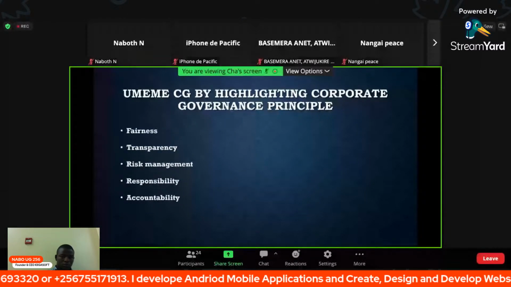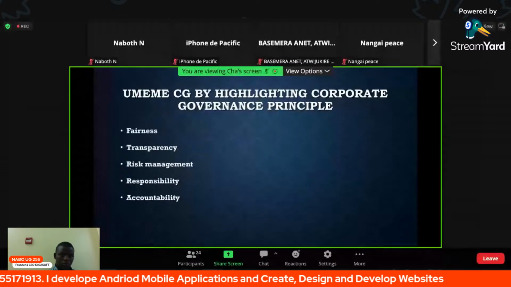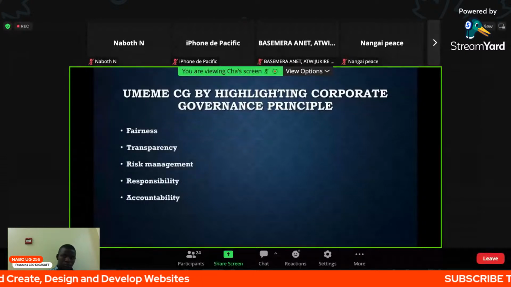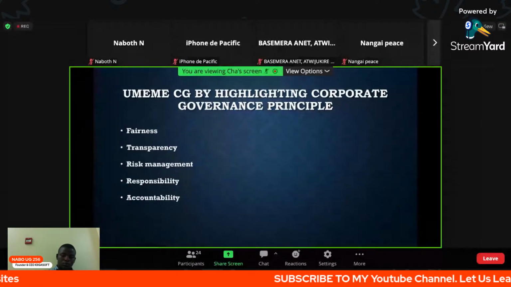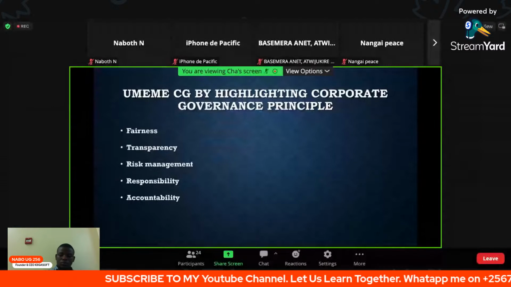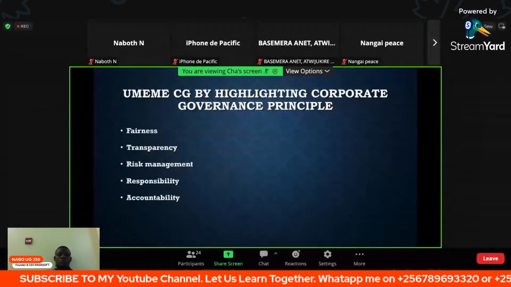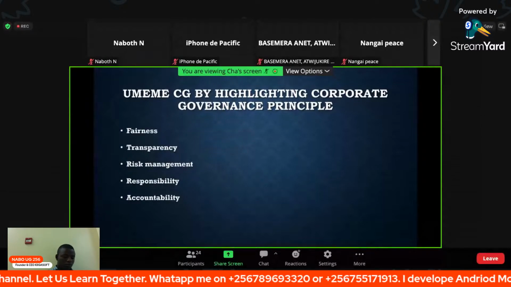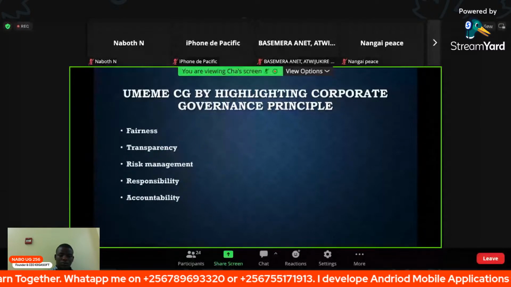These are the principles they are supposed to follow while carrying out corporate governance: fairness, transparency, risk management, responsibility, and accountability. The notes are more detailed, doctor, and we are going to share them. So I hope my colleague can start up from there.